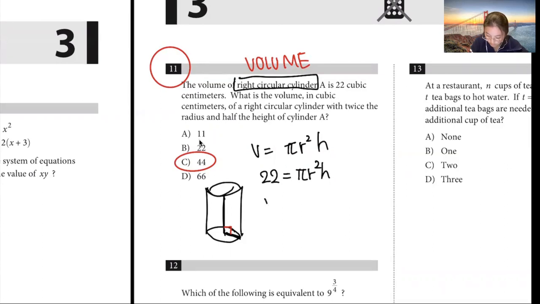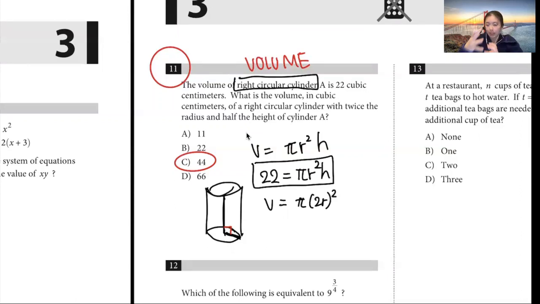And it's asking for the volume of a right circular cylinder with twice the radius. Twice the radius means 2 times the radius of the original. So you can just write it 2r because we don't know the radius for the first equation. So this is the basic one we have.